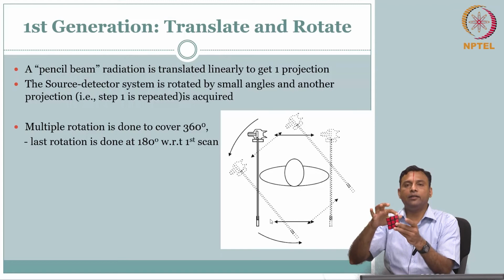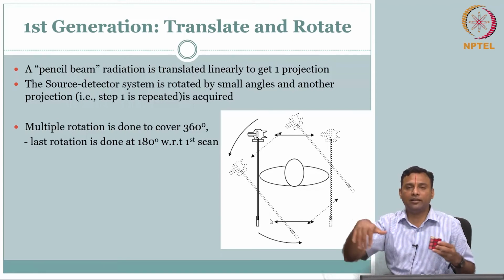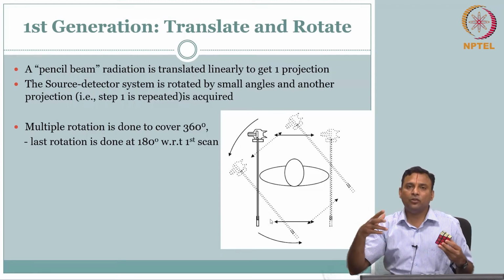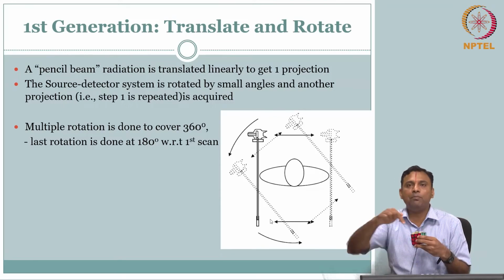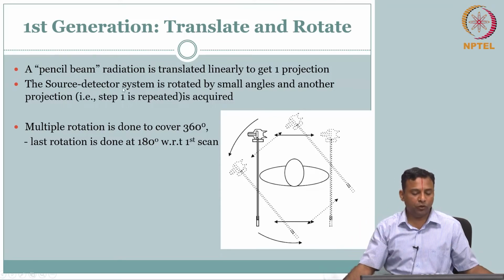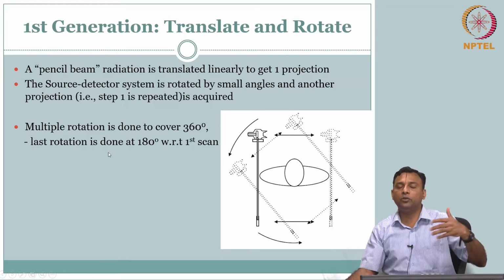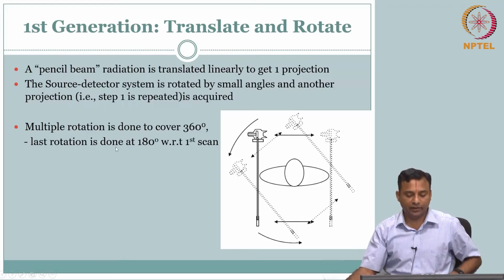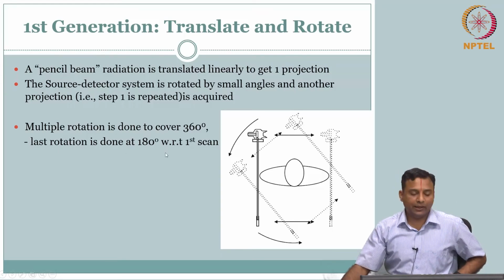So in some sense, after 180 degrees you are not getting a new view, it is the same line path. Therefore even though you cover 360 degrees, you do not want to get the same information again. Okay. So that has to be ensured, but otherwise the idea is you get multiple rotations done.